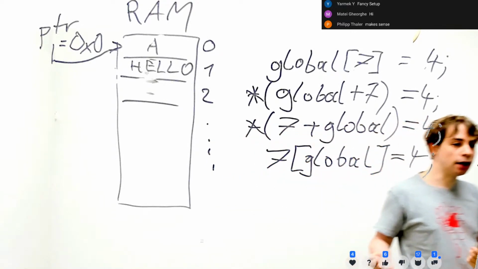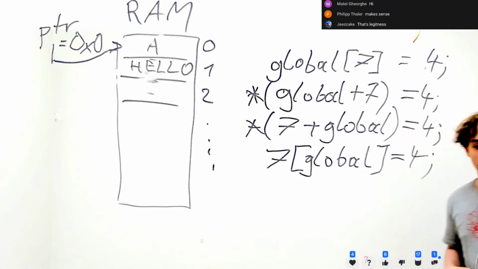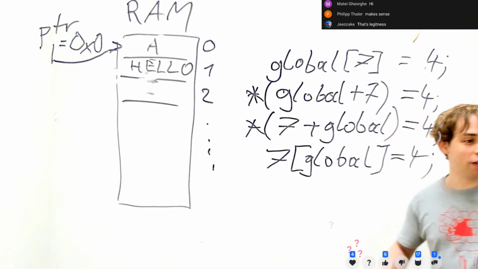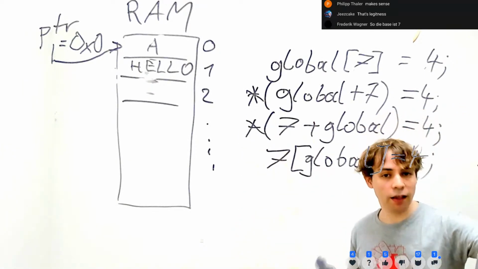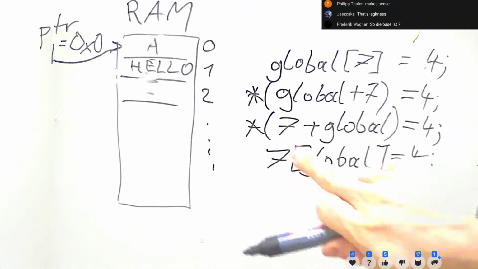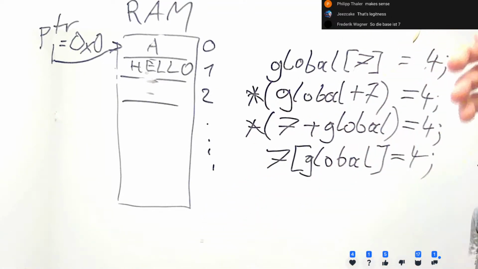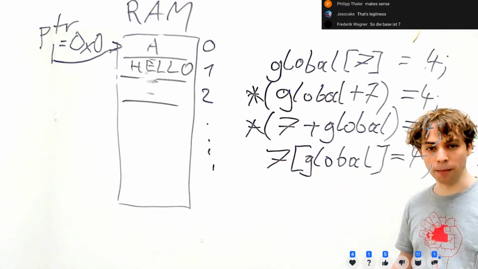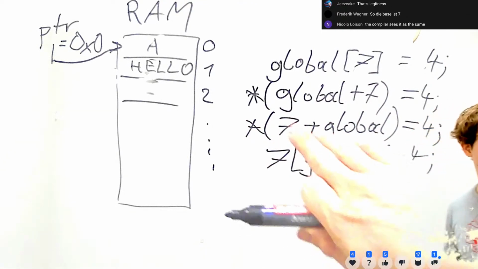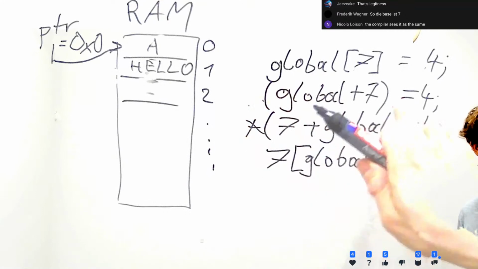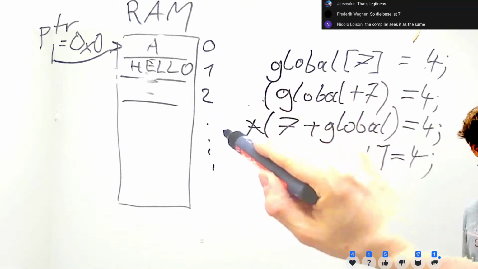Of course this should be allowed because it's all the same. In all of these cases we are dereferencing something, and in the middle two cases we can directly replace it. These brackets, of course, we have to resolve them so that the hardware can work with them, because they don't mean anything for the hardware, these brackets. But a plus operator, this is what the hardware can work with.